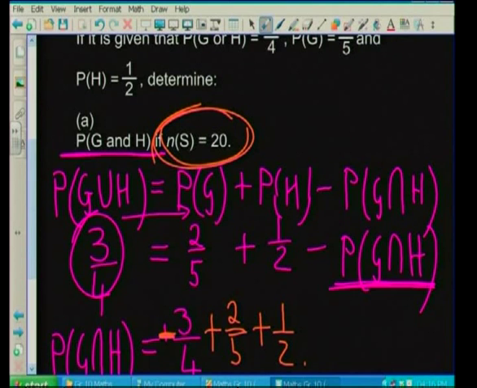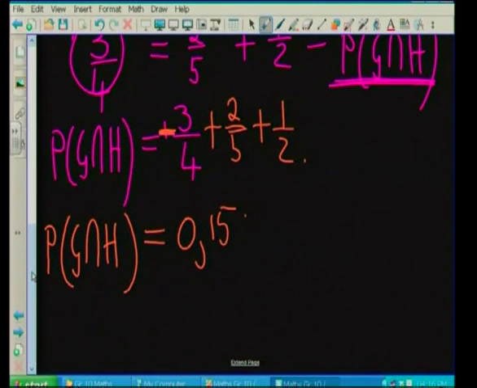I don't even know how many elements there are in G intersection H. However, in the question, not that I really need to use it, they did tell me that my sample size is 20. So what I can do, and that's not asked, but if I wanted to know how many elements are there in G intersection H, I could have said 0,15 times 20, which would have given me 3.